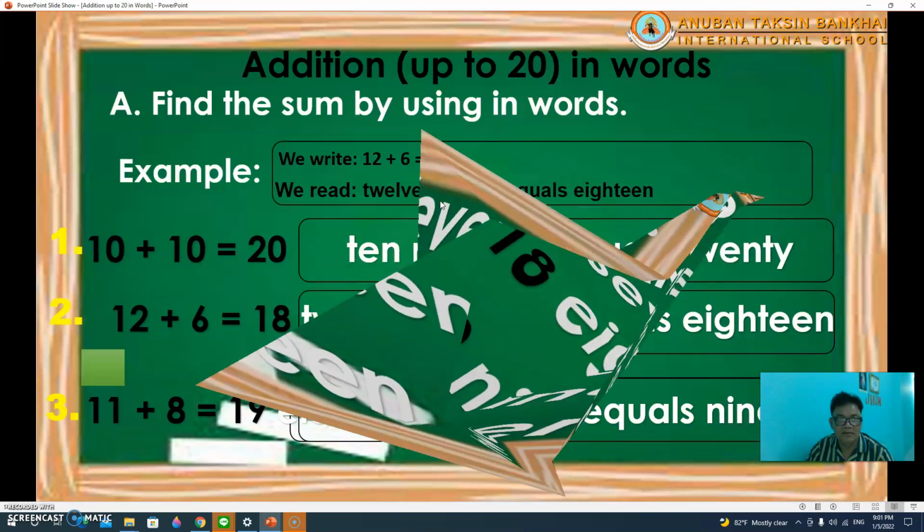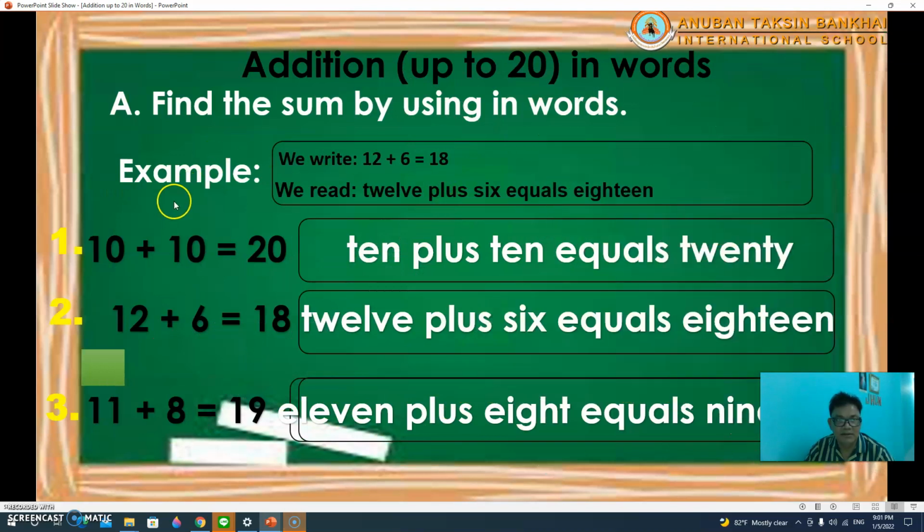This was our lesson yesterday, so we're going to review. Example: we write 12 plus 6 equals 18, and we can read it as twelve plus six equals eighteen. Number 1, 10 plus 10 equals 20.